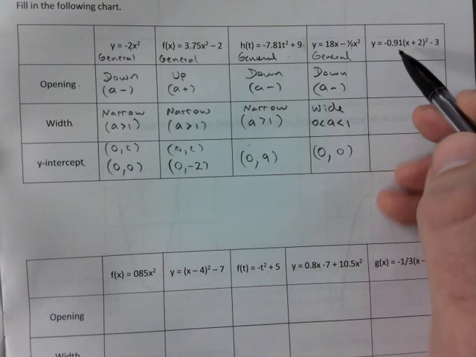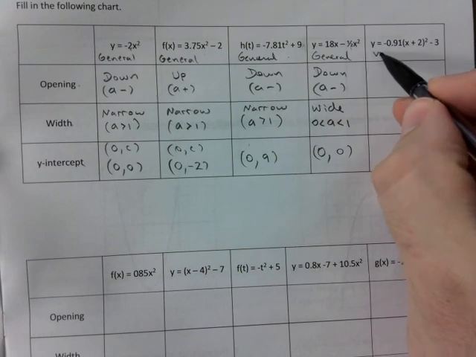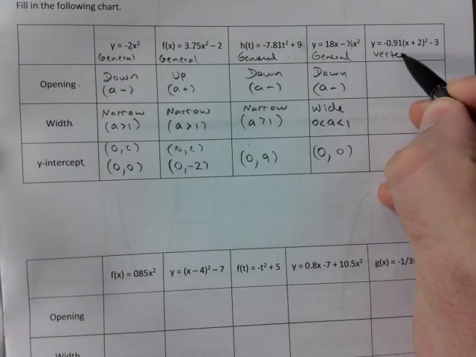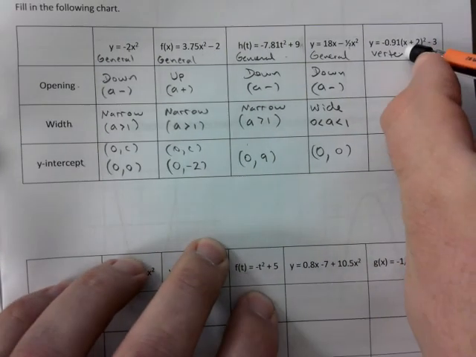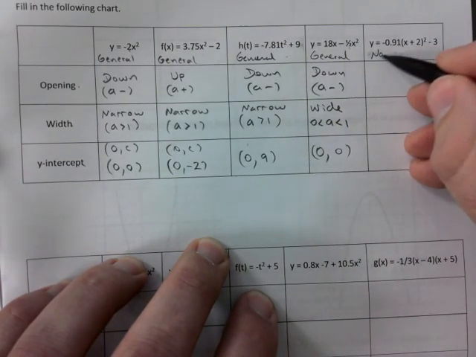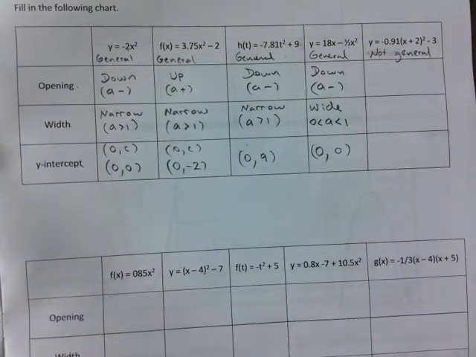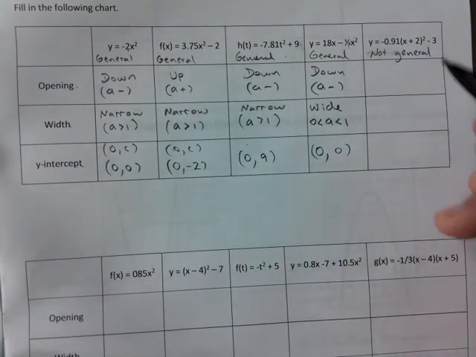Anyways, this one is not general. What is this? Doesn't matter if you recognize it right away, but this is actually vertex form. How about we do this? Not general. For right now, let's just focus on not general. What does that mean? I'm going to have to use my calculator. That's what that means.